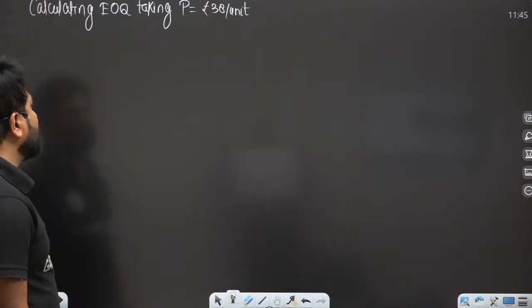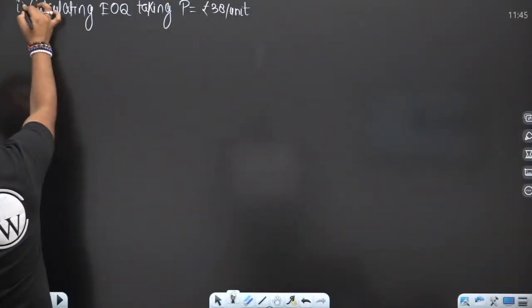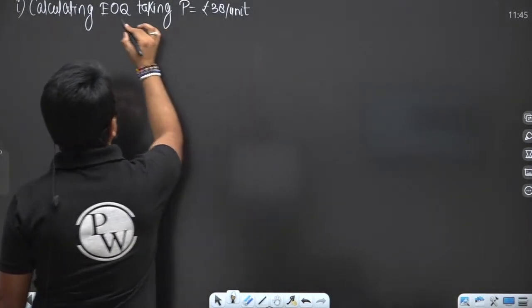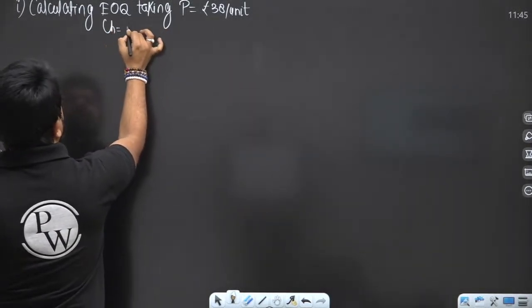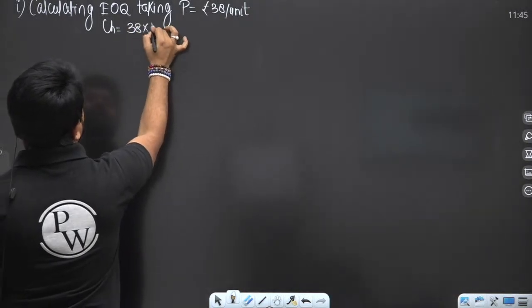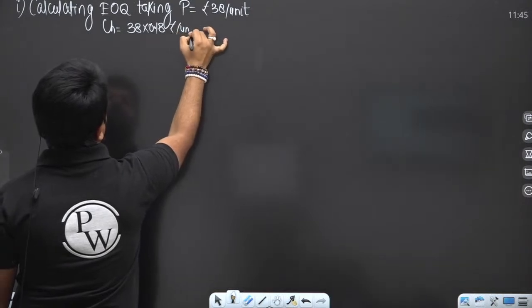Now calculate the economic order quantity at P equal to 38 rupees per unit. Here the holding cost will be 38 into 0.18 rupees per unit per year.